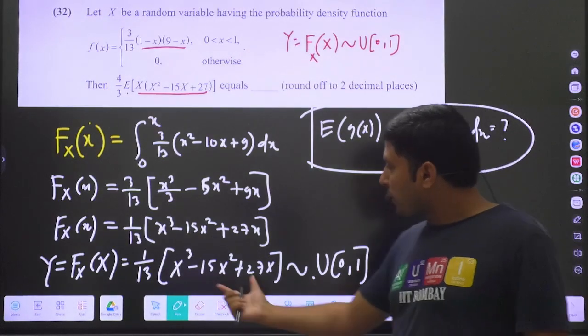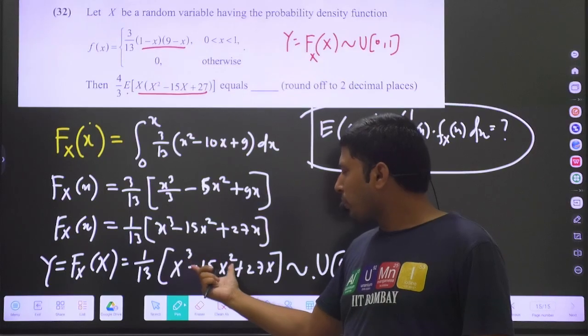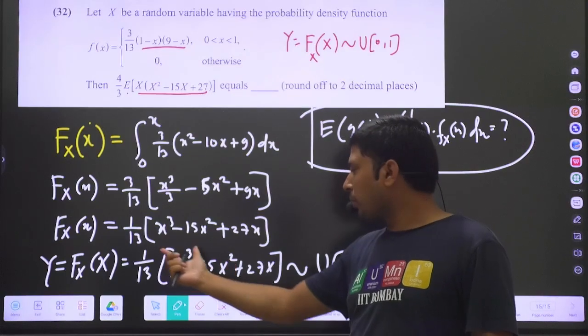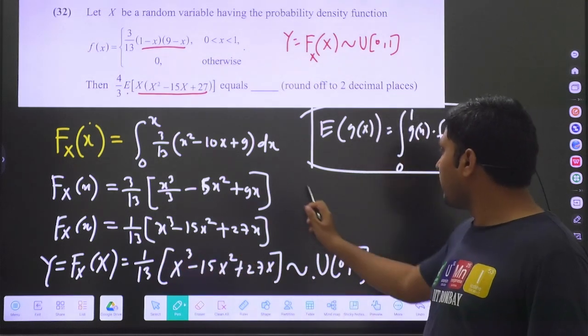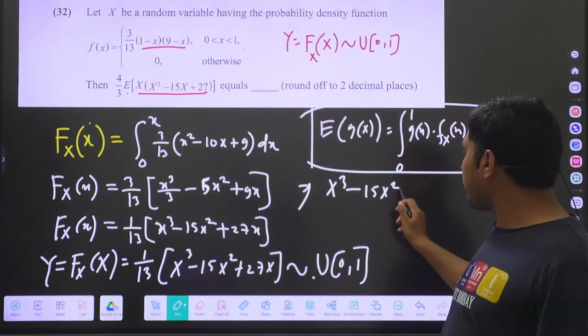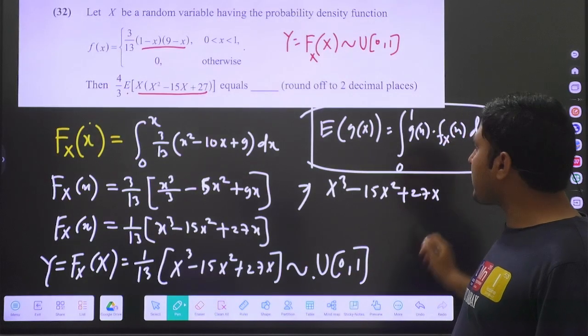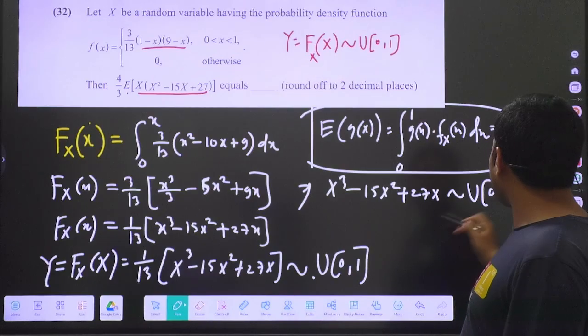I just want the distribution of only this. Suppose this is, let's say, w. So w by 13 has this distribution, so w will be uniform 0, 13. So x cube minus 15x square plus 27x will have a uniform 0 comma 13 distribution.